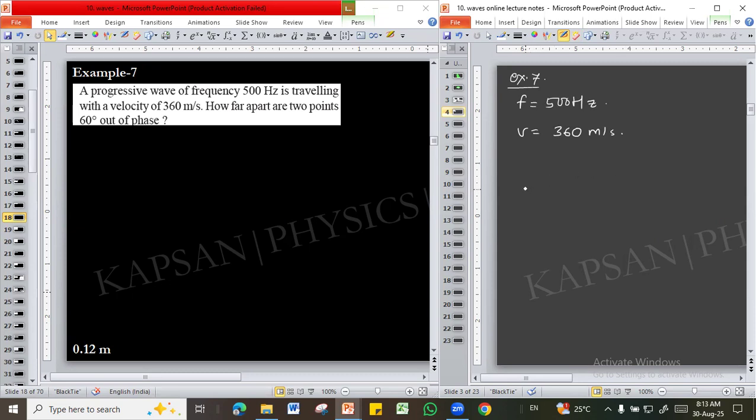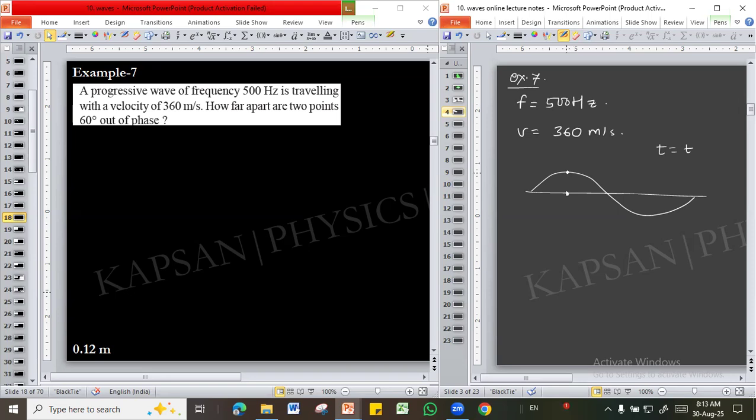Let's say this is the string on which the wave is traveling, and this is the instantaneous shape of the wave at time equal to t. This is the photograph of the string at time t. Now we have to figure out the distance between the two particles having phase difference equal to 60 degree.